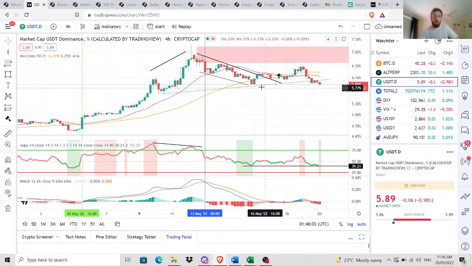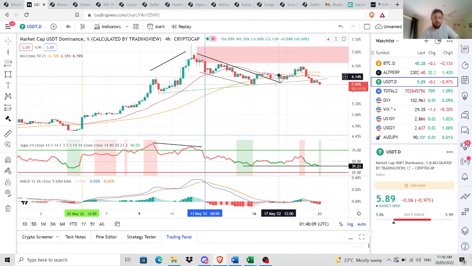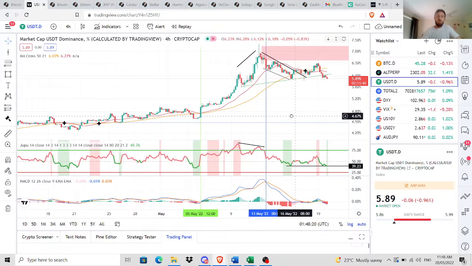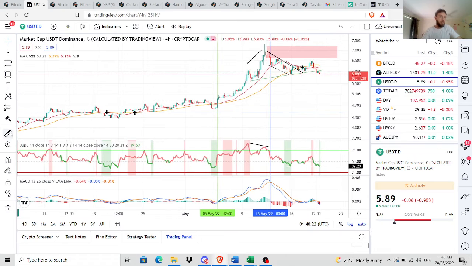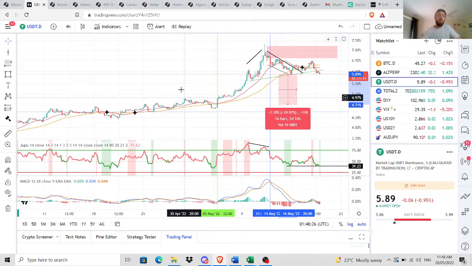However, we've broken this trend line. The moving average has now flipped from bullish to bearish after divergence. So we're on the midline. We could swing either way. If we swing bearish, we're going to come down a fair bit.